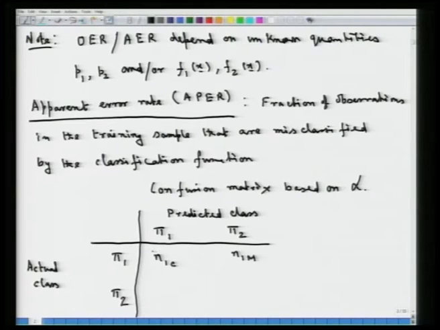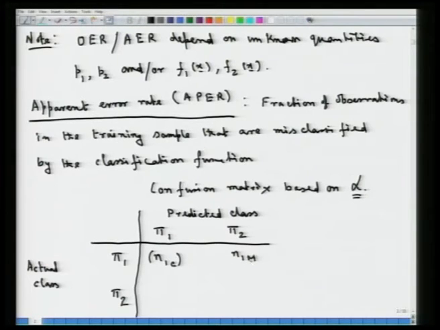Now, this N1C is the number of observations coming from the first population pi 1 and being correctly classified by the classification rule. So, the predicted class membership is pi 1 for those observations coming from the first population. So, N1C is the number of correctly classified observations in the learning sample coming from the first population.